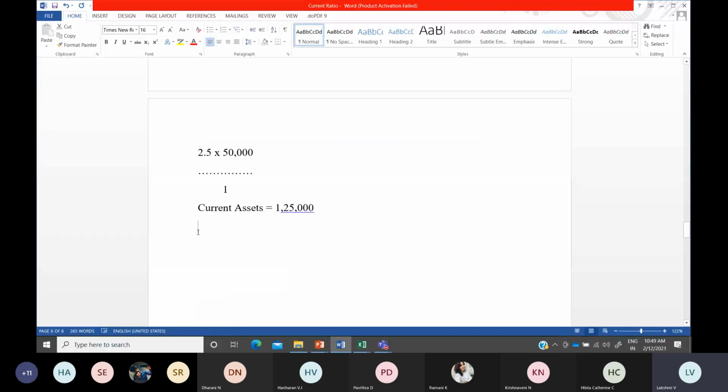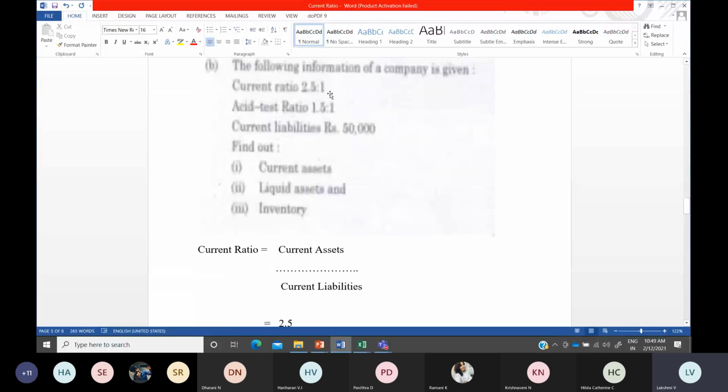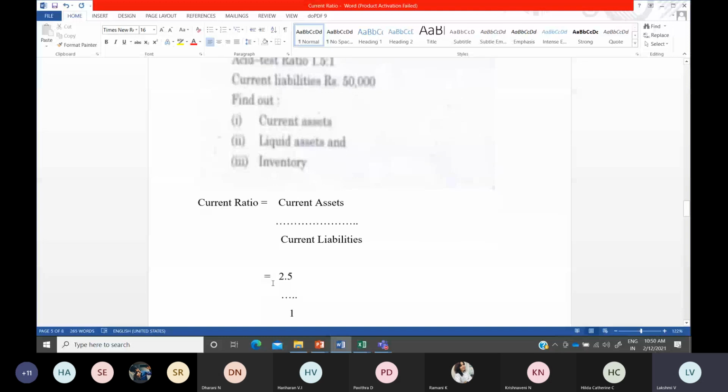So how did we find this amount? We picked the current ratio, and the current ratio formula is current assets divided by current liabilities. If you know this formula, then we can work out the basics. I am taking it as 2.5 is to 1, 2.5 divided by 1.